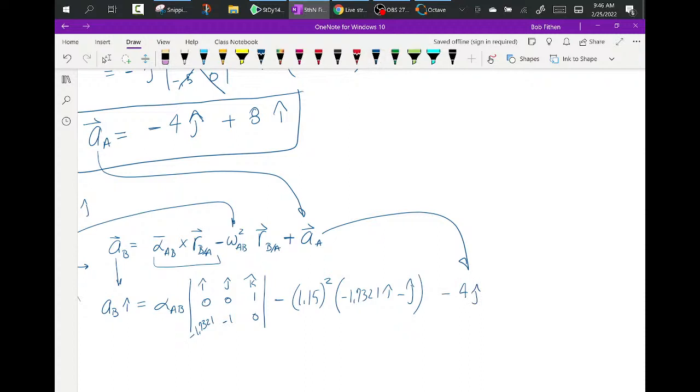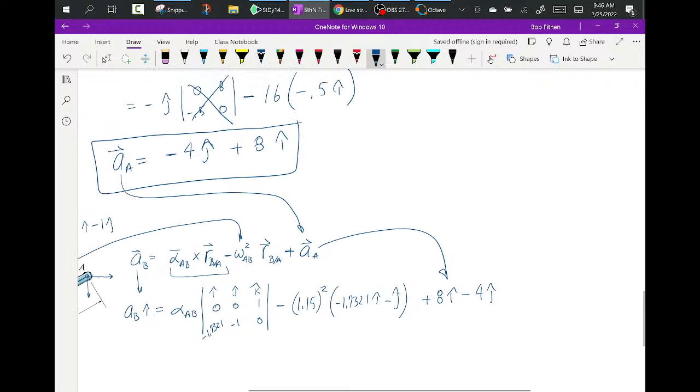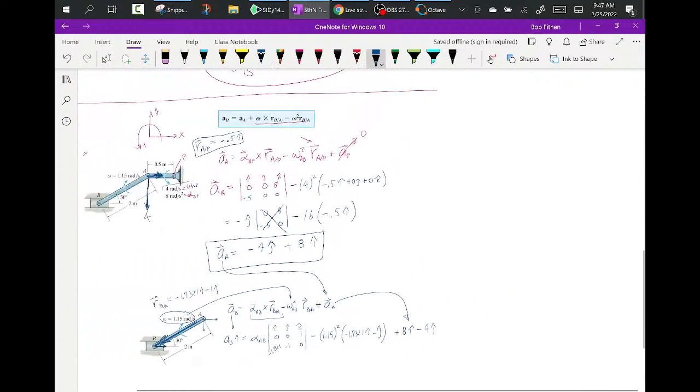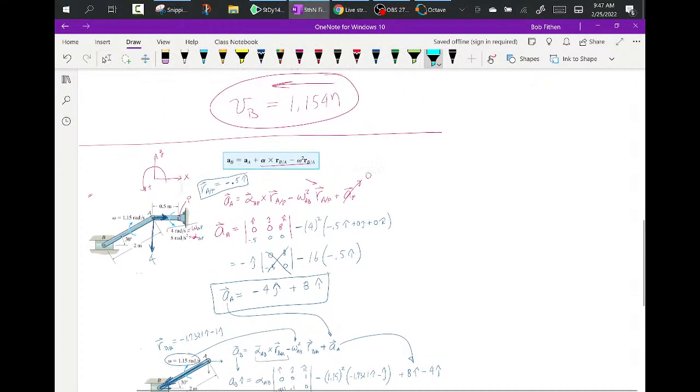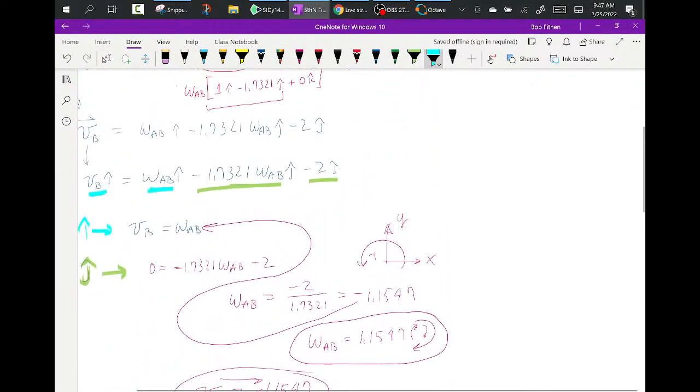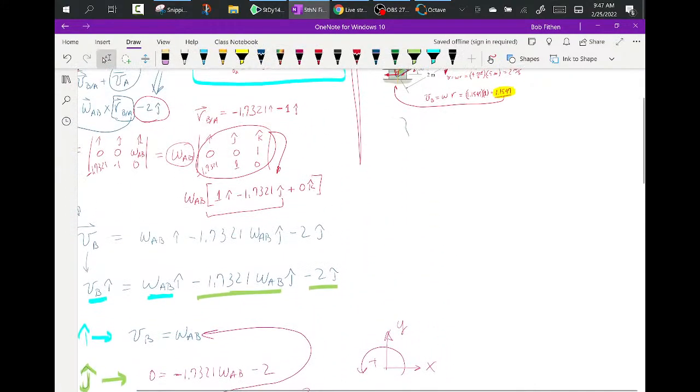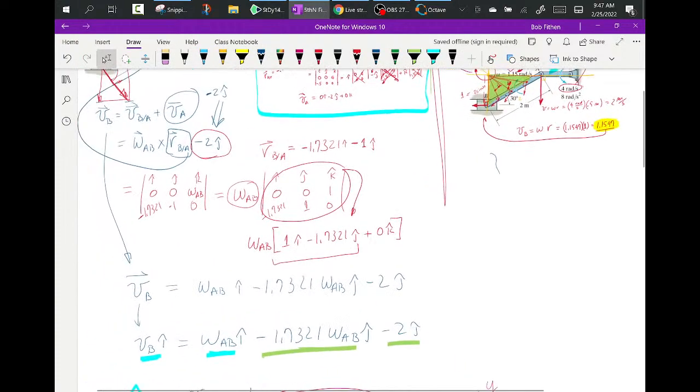Actually, let me do this. I like to do it where I have the I first. Now, believe it or not, and this is something that occurs every single time, let's go up and look, and this is the beauty that I can do here. I'm going to copy this portion of the equation that I had a minute ago.